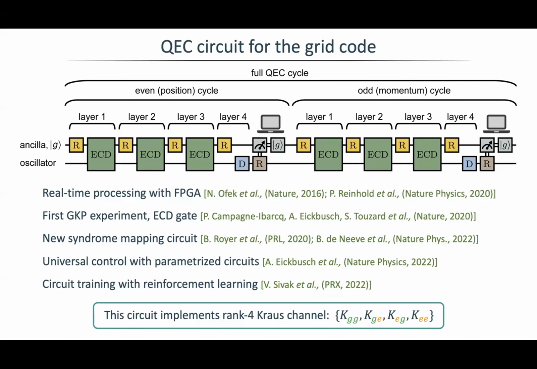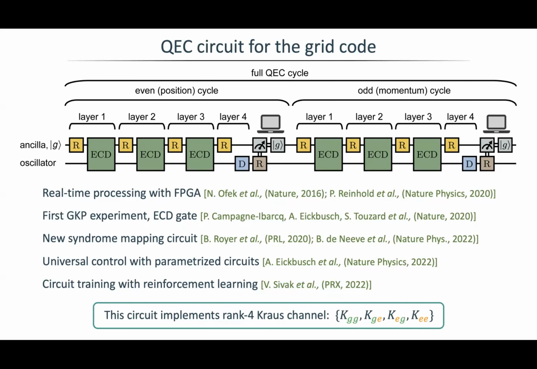I also didn't mention that we trained the parameters of this circuit in experiment using reinforcement learning. Mostly what it does is it compensates for all miscalibrations that we have here, and it finds the parameters that we don't know how to choose. For example, when you do this gate, the way we implement it in circuits is using these large displacements in phase space.